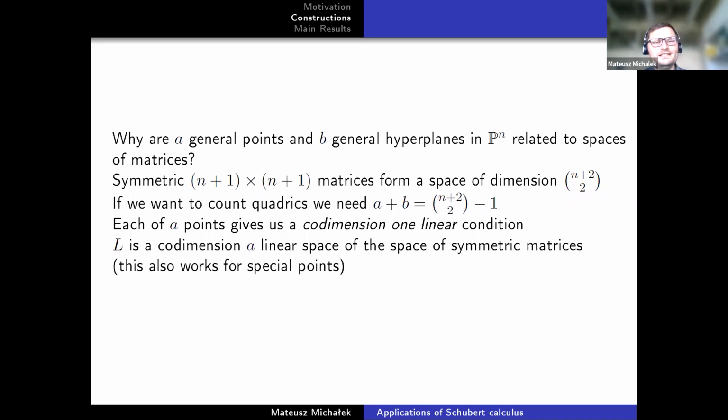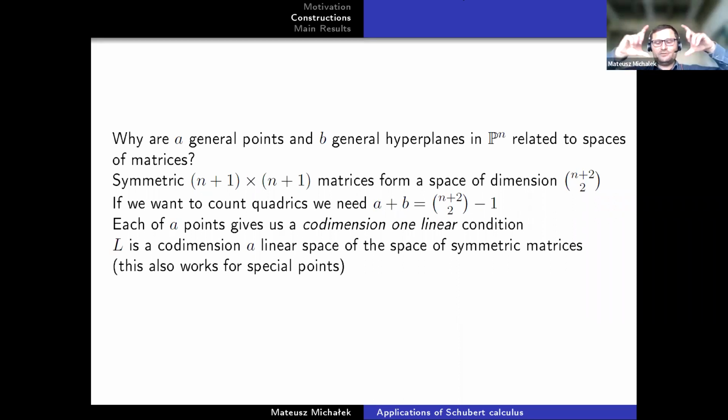In fact, notice that we don't need to know a, b, and n. It's enough to know a and n, because there is only one meaningful b for which the answer is a finite number. And if we look at degree 2 polynomials that pass through a given point, this is a linear condition on the symmetric matrix.